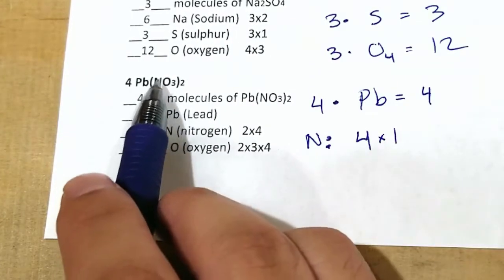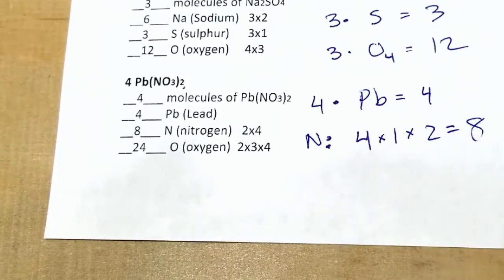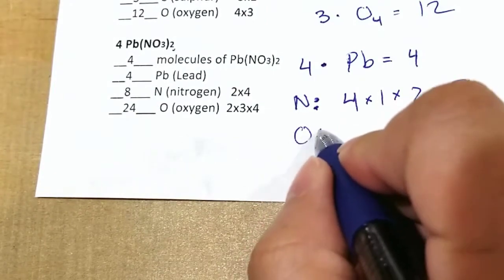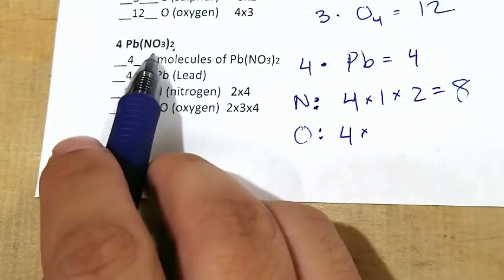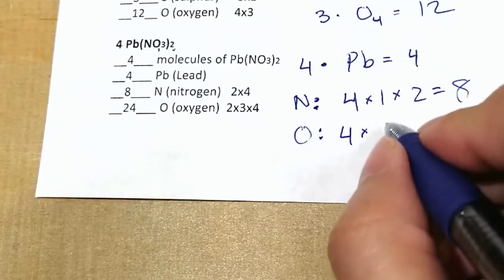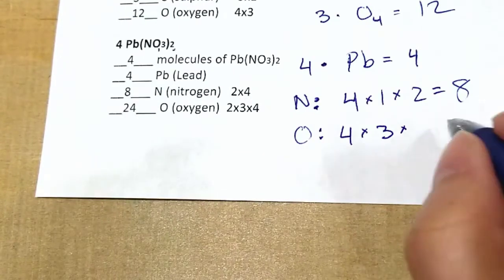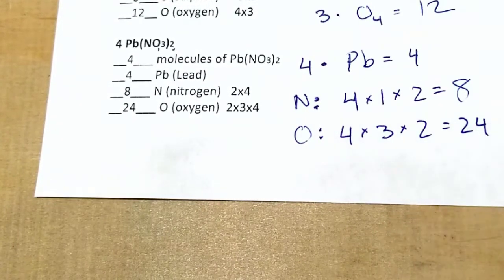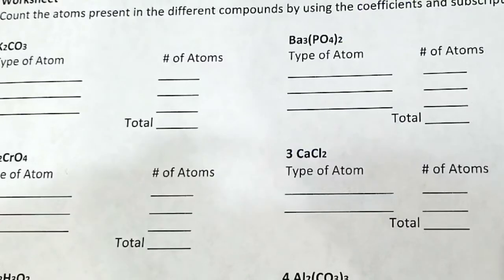And then this N also multiplies to this 2, for a grand total of 8. And then for oxygen, we have the big 4 times oxygen. There's 3 oxygen to start with. And then multiply it by the 2, which equals 24. So many ways to count it. It's totally up to you.